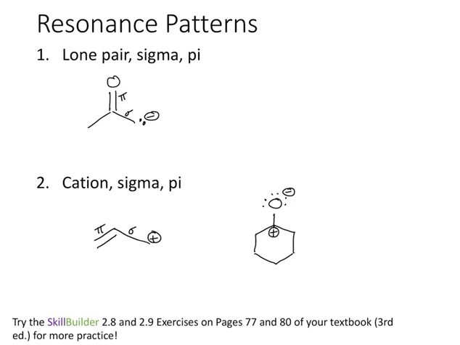And then let's also say we have a pi bond. So this shows that we have a cation next to a sigma bond next to a pi bond. So this is also a situation where we could move some electrons around and find a resonance structure. Now there's a couple more.